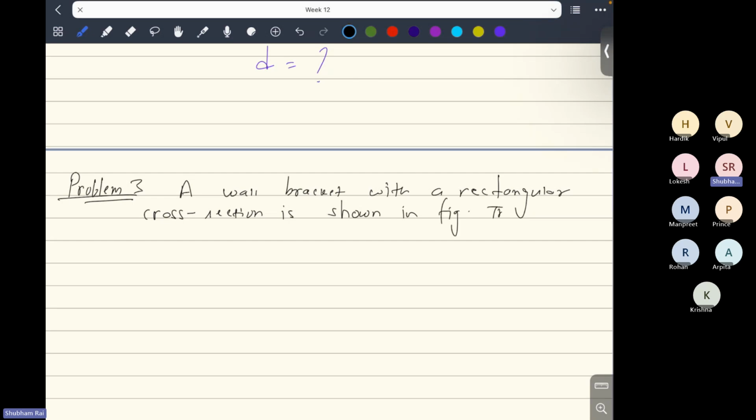I'll draw the figure. So wall bracket has a rectangular cross section. So the depth of the cross section is twice of its length.